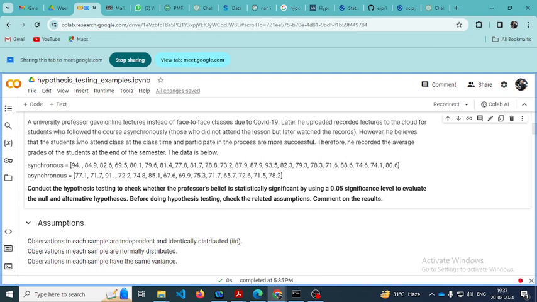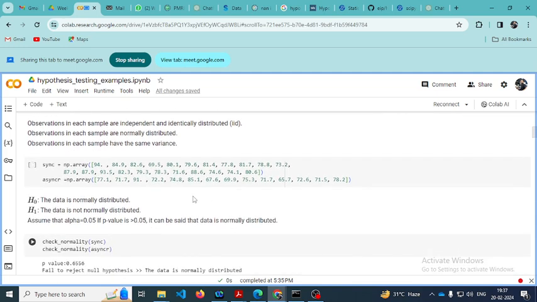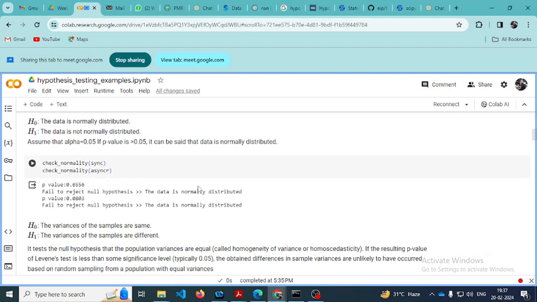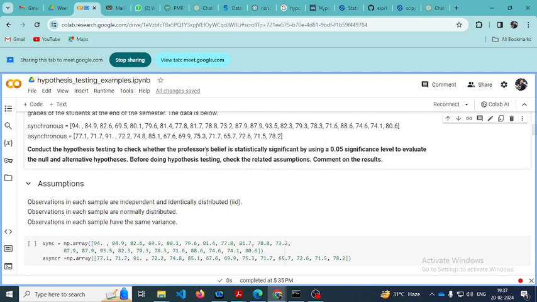From this problem statement only, you are going to assume some data. Those assumptions will be considered as your hypothesis for this problem. Then you can come to a conclusion based on this statistical evidence, based on these p values. Here they have given some level of significance. You can compare your probability values with this level of significance, then you can conclude that.